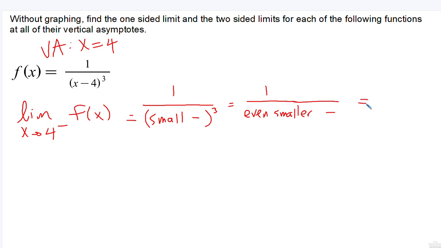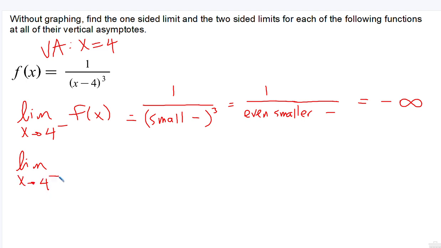And therefore, this is going to be negative infinity. And so you should be able to think this process out in your head. Just think, okay, what happens as we approach 4 from the left? Well, it's 3.99999. That minus 4 is a real small negative. Cube a real small negative. It's still a real small negative. And 1 divided by a real small negative is a real big negative.